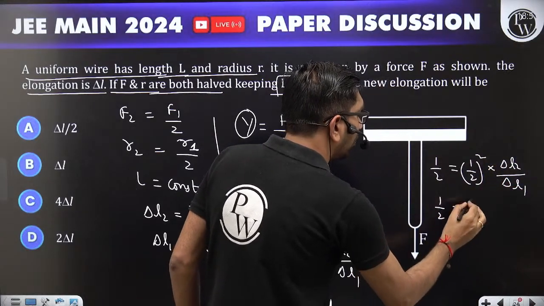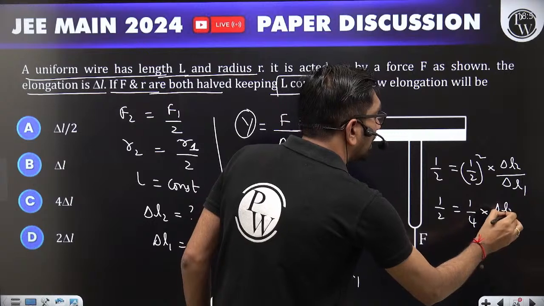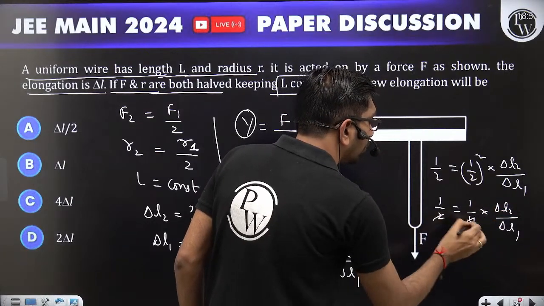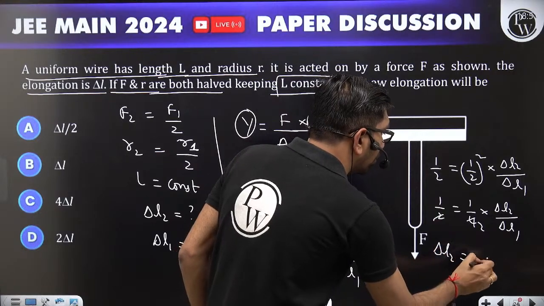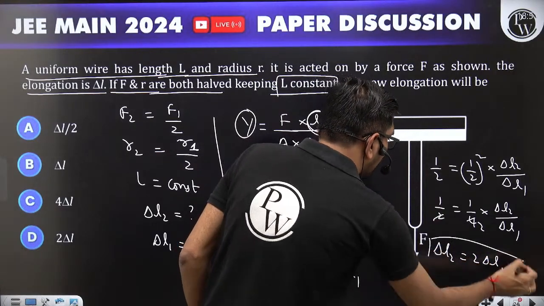So 1 by 2 equals 1 by 4 into delta L2 by delta L1. Send this here: delta L2 equals 2 delta L1 is the final answer.